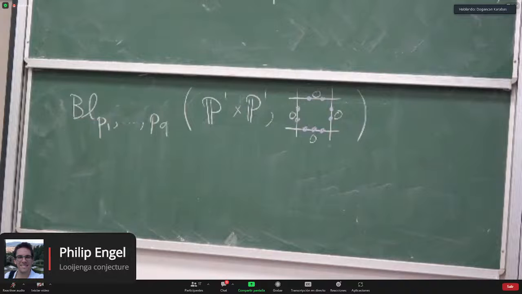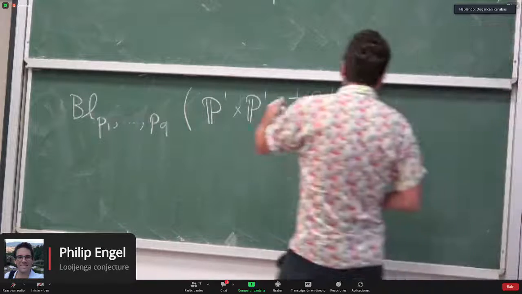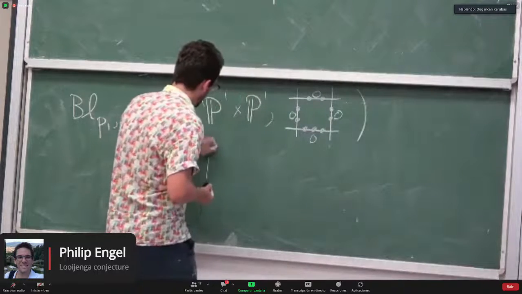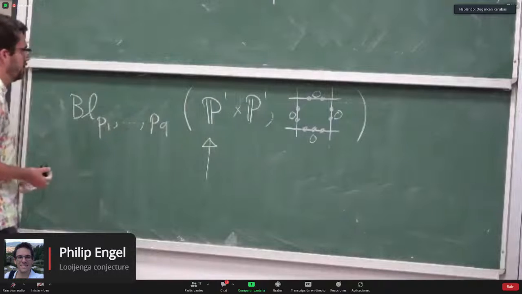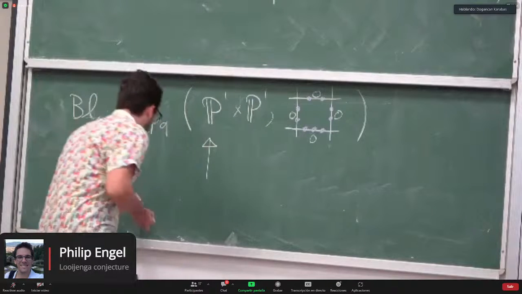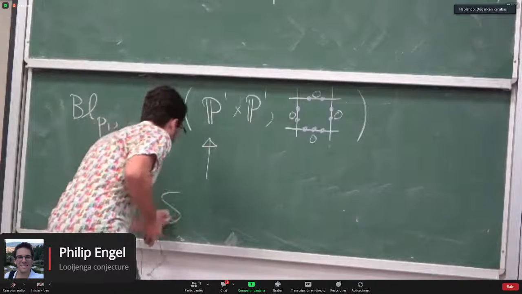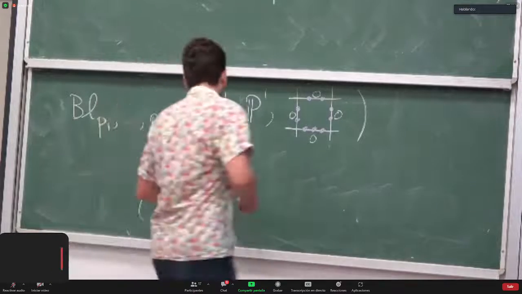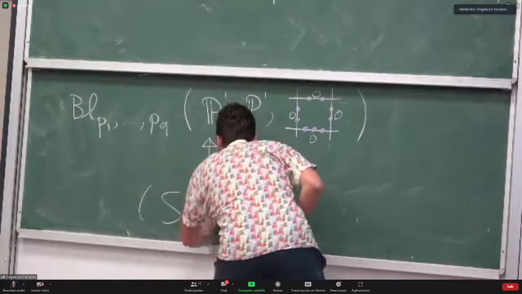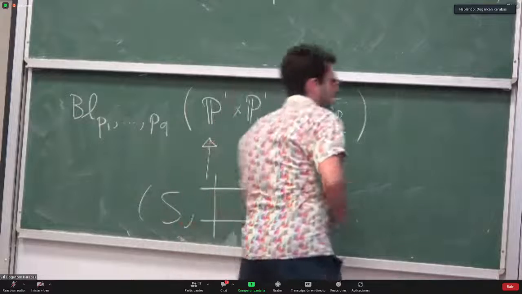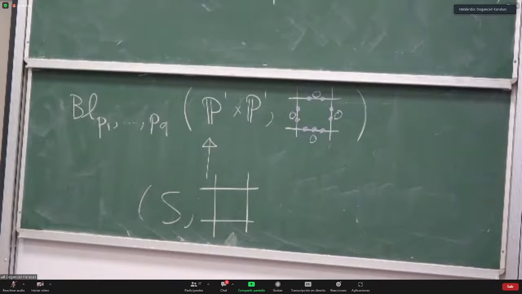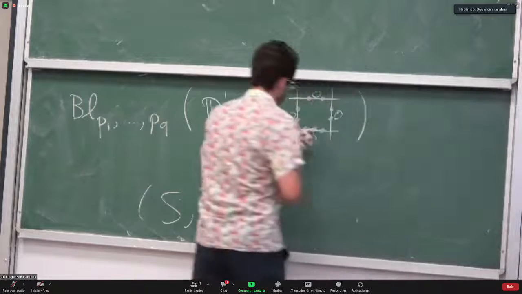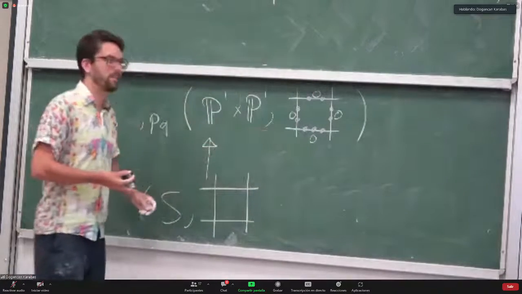Okay, and what Travis discussed was that if we make this blow up, then we get a new Looijenga interior, a new anti-canonical pair. So we get some surface S, and we have some kind of anti-canonical cycle here. Since this was smooth, when we blow up, we get a CP1 for each of these points.